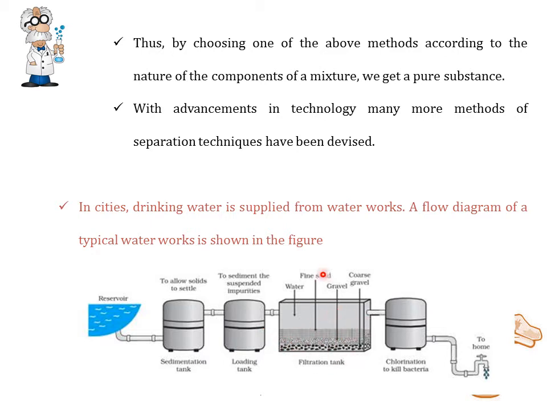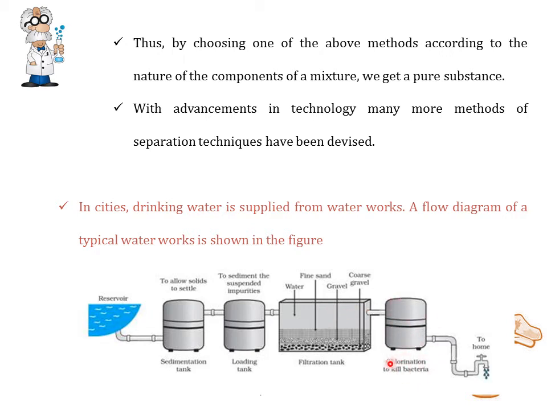This tank consists of fine sand, water, gravel, coarse gravel and all. So when this water is passing through this filtration tank, all the small solid impurities stay in between the sand. If there is any dirt, it gets mixed up with this gravel. And what happens, the water gets treated here. Then this treated water gets ready for disinfection.